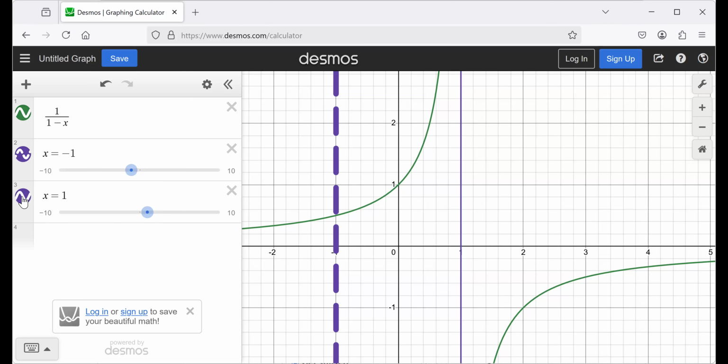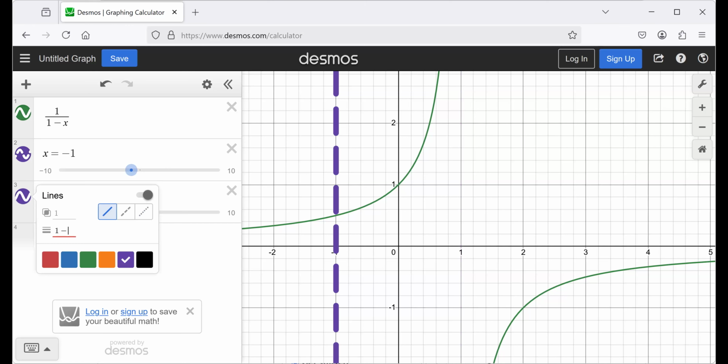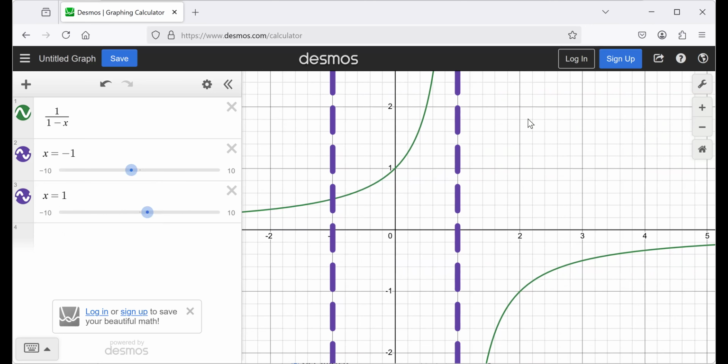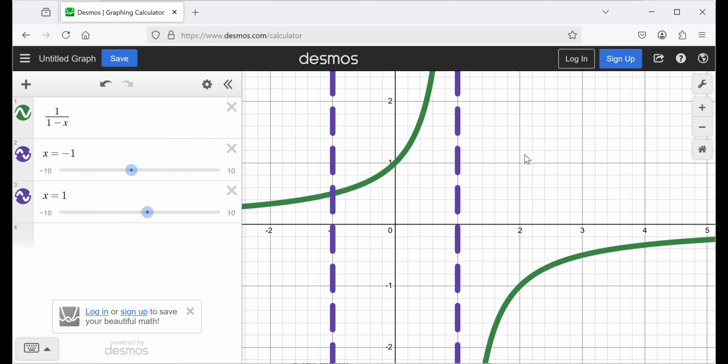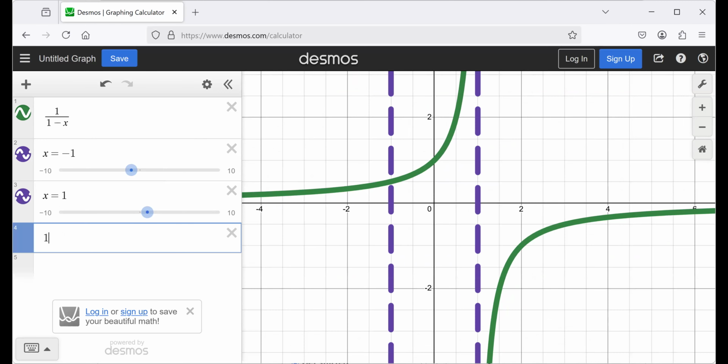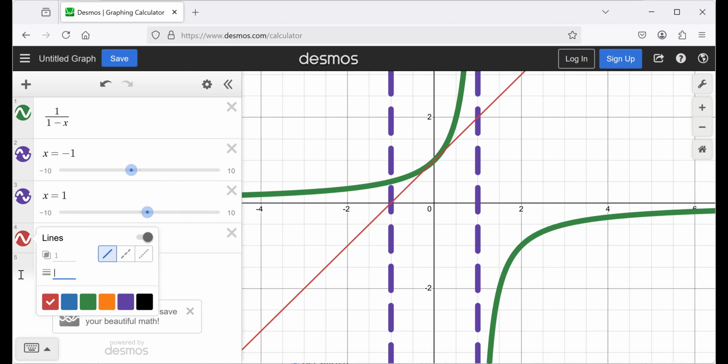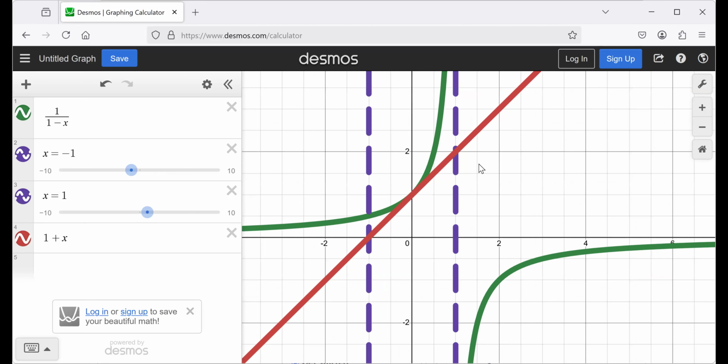Let's get some thicker lines here. And let's look at 1 plus x.